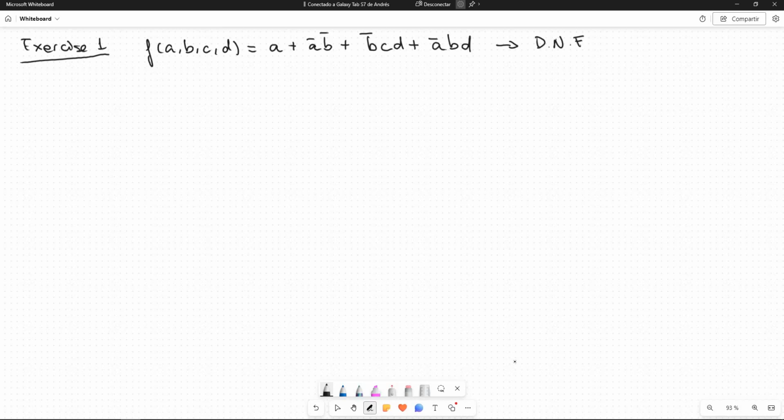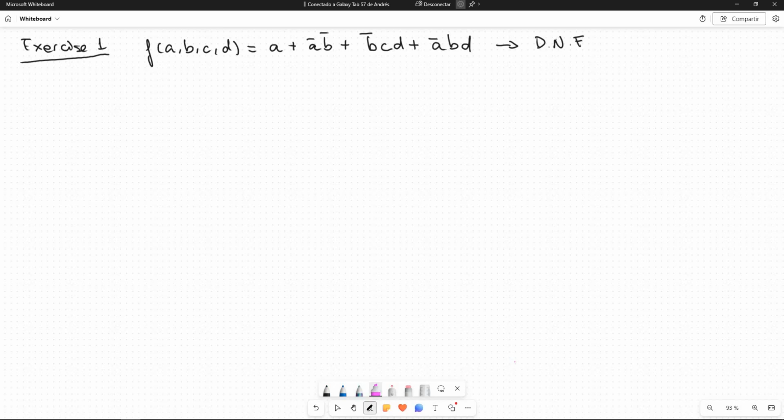Note that we can have a lot of different disjunctive normal forms depending on the product terms that we have in the sum. So well, I'm going to look at the expression and start applying some axioms and theorems. Well, this is my solution.